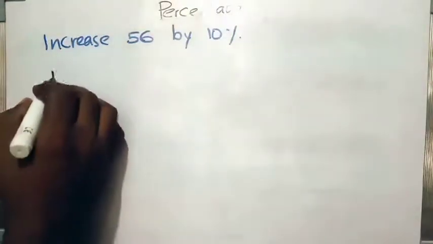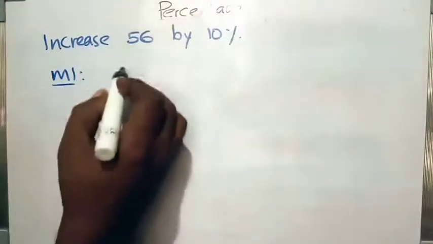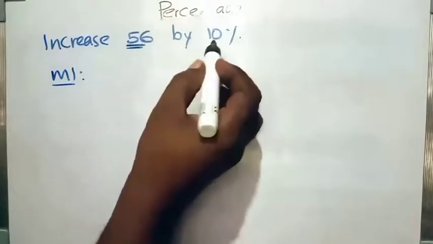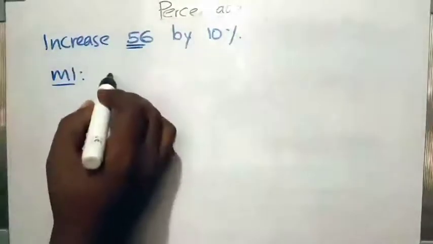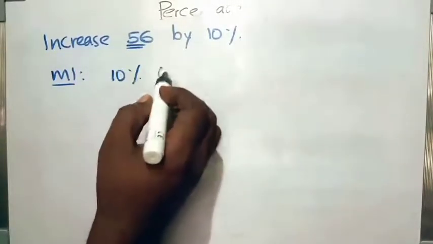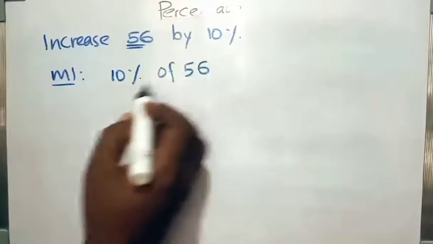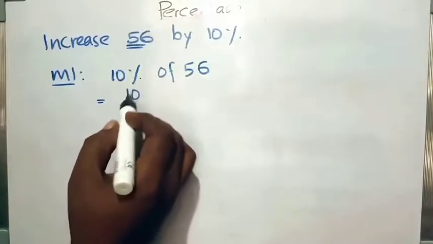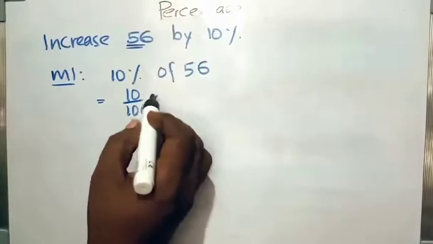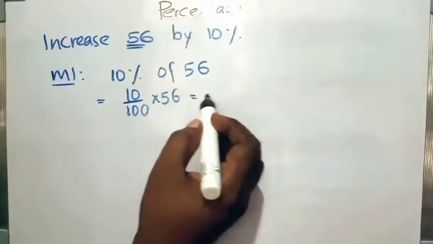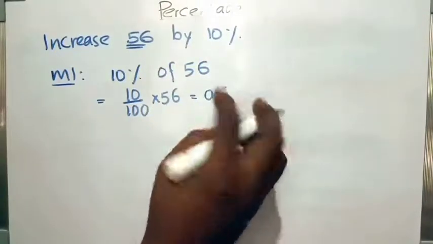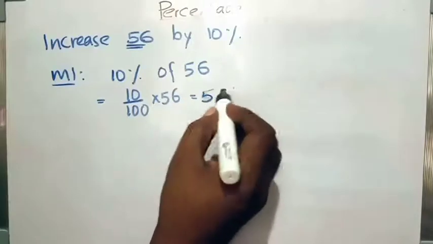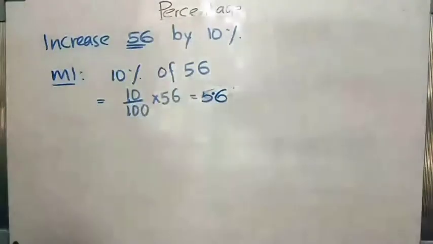Method one is, as the number is 56, find the 10% of 56, which is 10 out of 100 of 56. We get it as 5.6. 10% of 56 is 5.6.